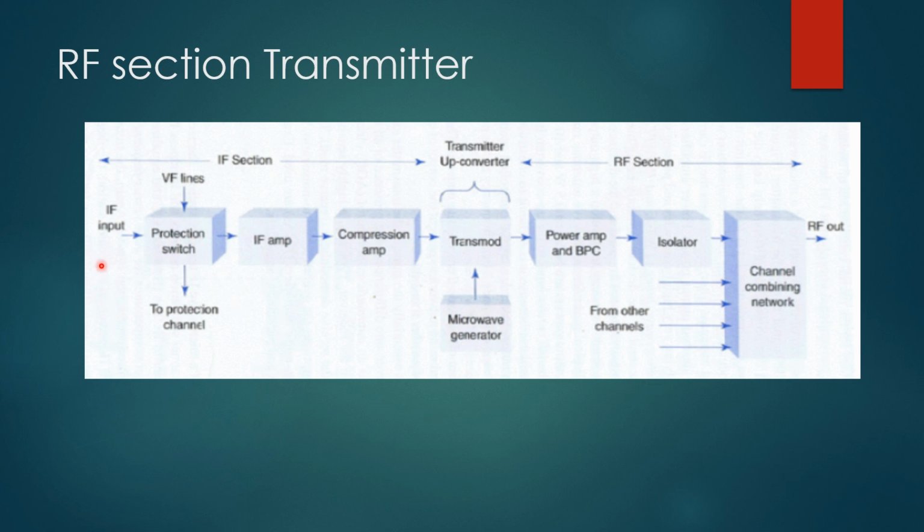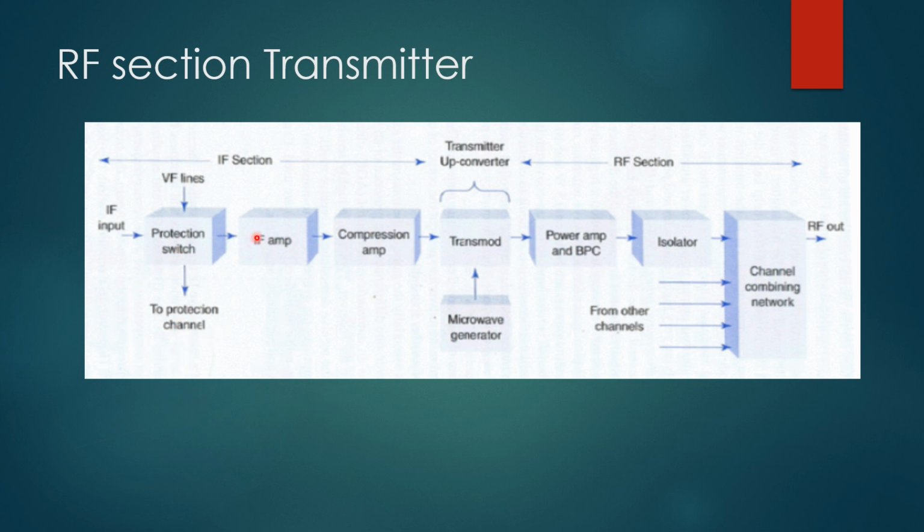Okay, this IF input, as you can see, is entering through a protection switch. If a maintenance is going on or if there is a problem, we can, with the help of this switch, give it to a protection channel.